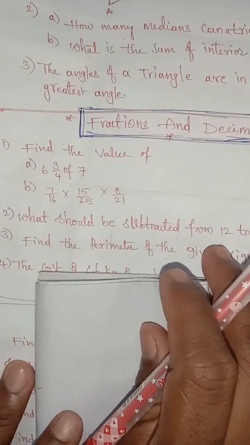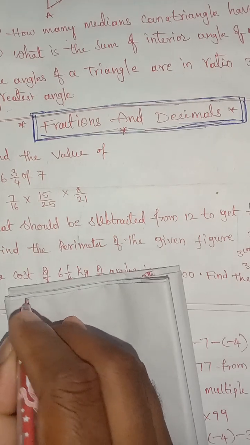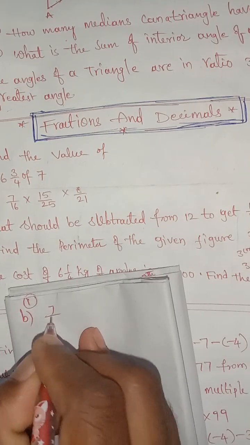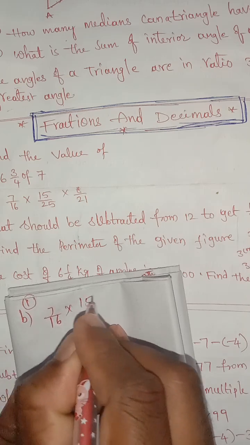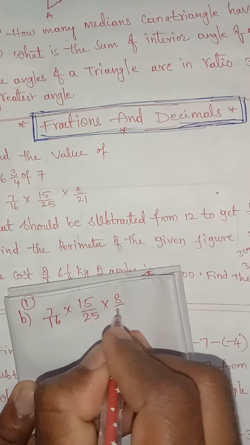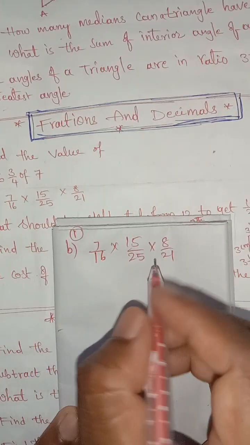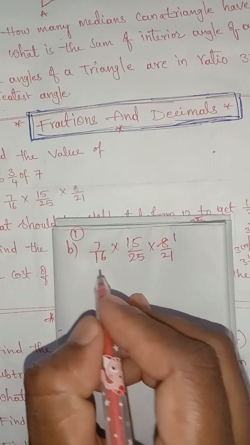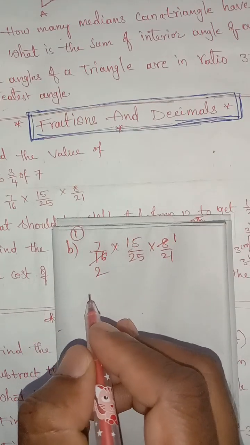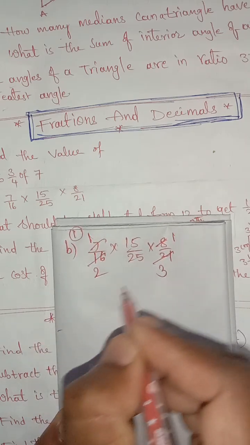Next one, bit number B1: 7 by 16 into 15 by 25 into 8 by 21. So cancellation here: 8 ones are 8, 8 twos are 16. Next, 7 ones are 7, 7 threes are 21.